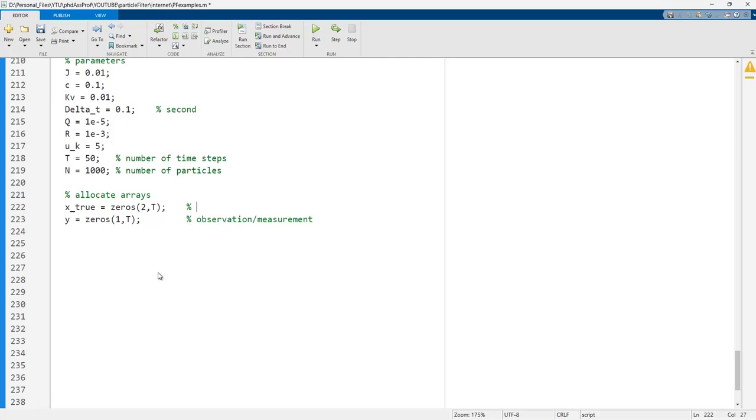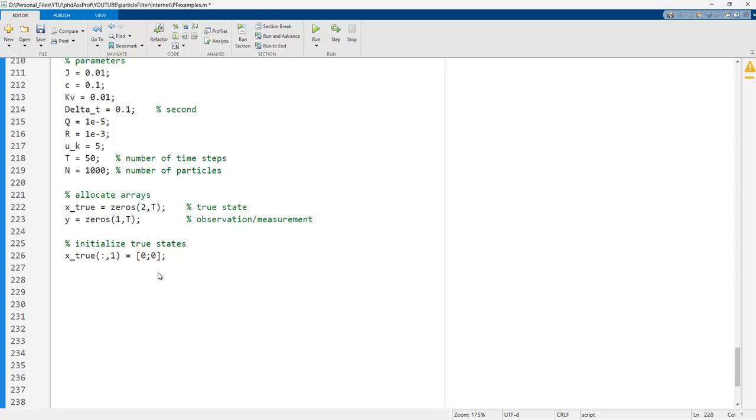This is the true state, the desired state. First of all, we initialize the true states here: x true at 1 is 0 and 0.